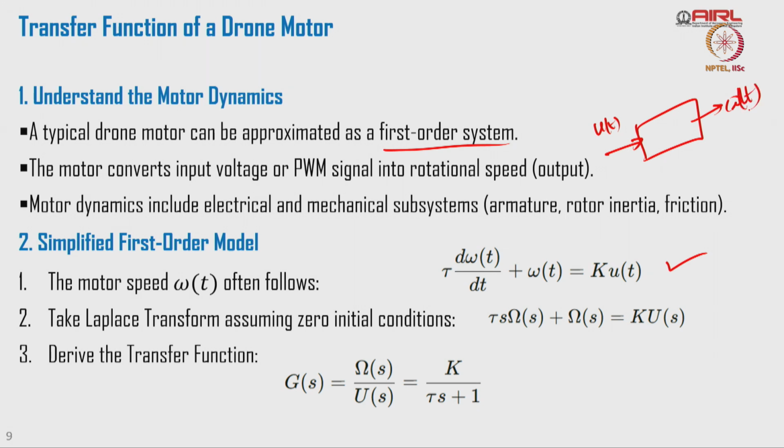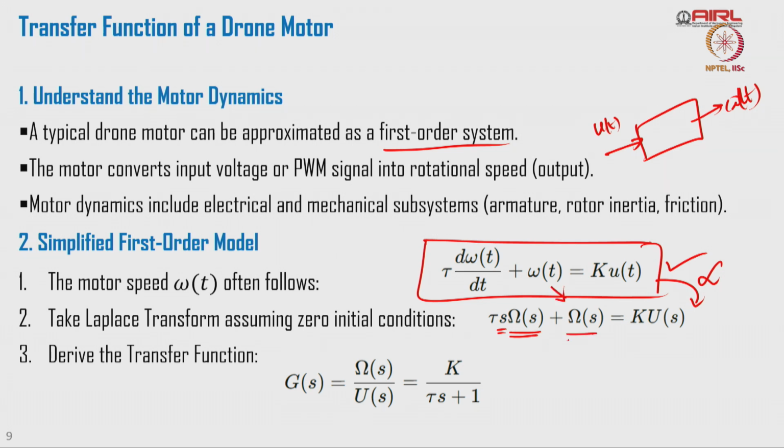Okay. And when we simplify the first order model, it looks like this. We directly take the Laplace transform here. Okay. So, tau d omega(t)/dt becomes tau s capital Omega(s) plus omega(t) becomes capital Omega(s) equal to k u(t) becomes U(s), fine.